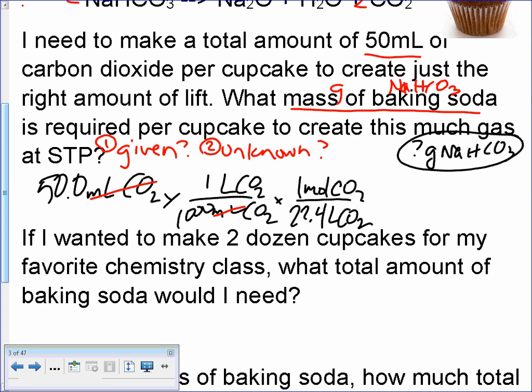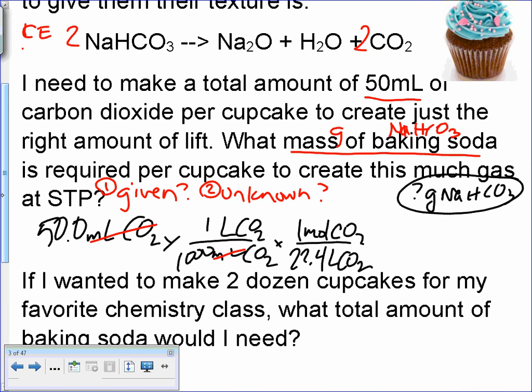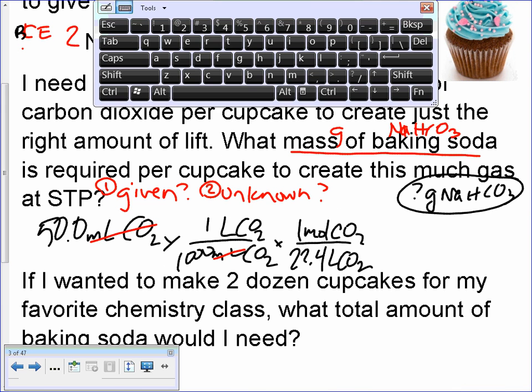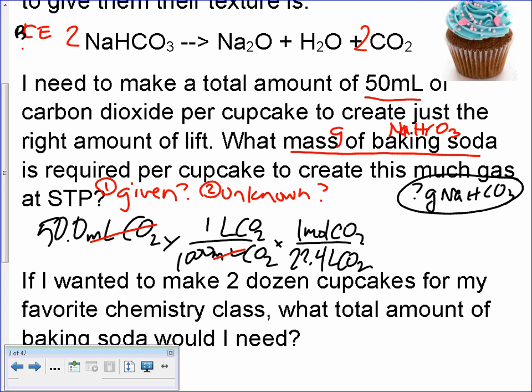What was my question pertaining to? So what identity? Baking soda, right? So this is when I get to use that bridge. What was the bridge? The mole ratio from the BCE up here. Okay, so my BCE tells me the relationship between carbon dioxide and sodium bicarbonate. What is the relationship? 2 to 2.